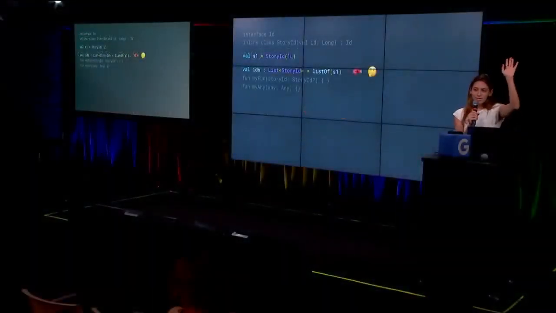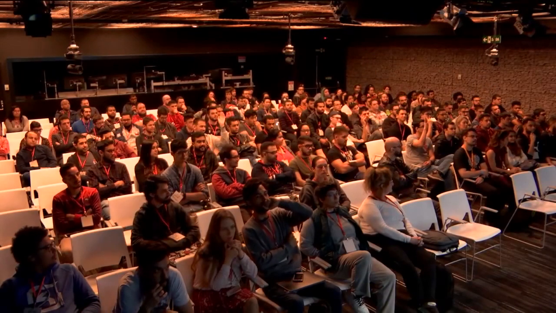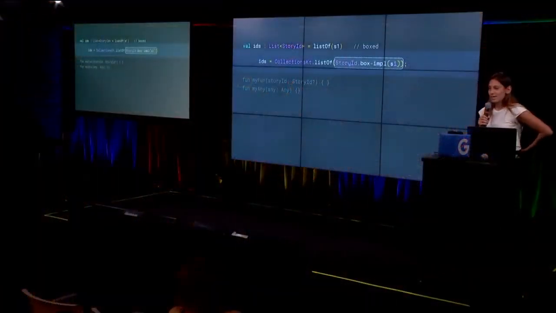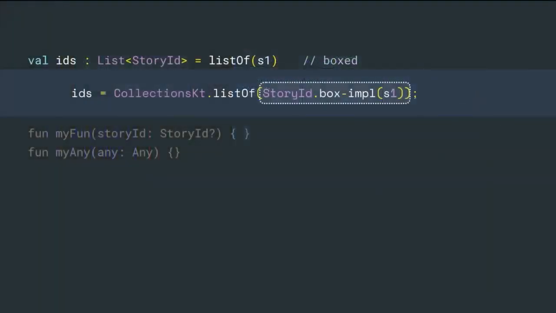Hands up if you think it's going to be auto-boxed. Congratulations, you're right. Because collections expect an object, Kotlin knows that if it needs an object, it has to create an actual story ID object, not a long.